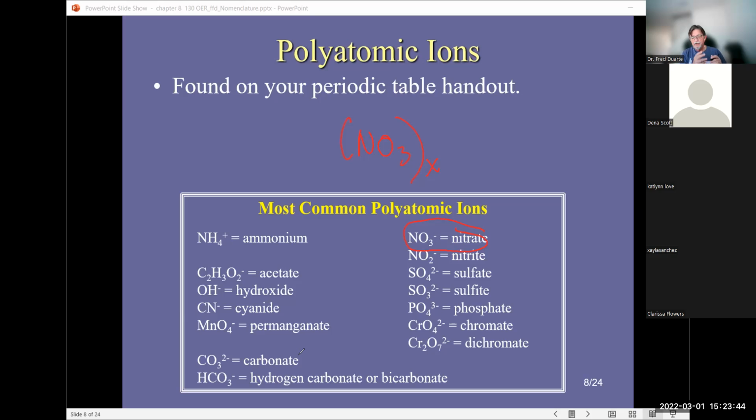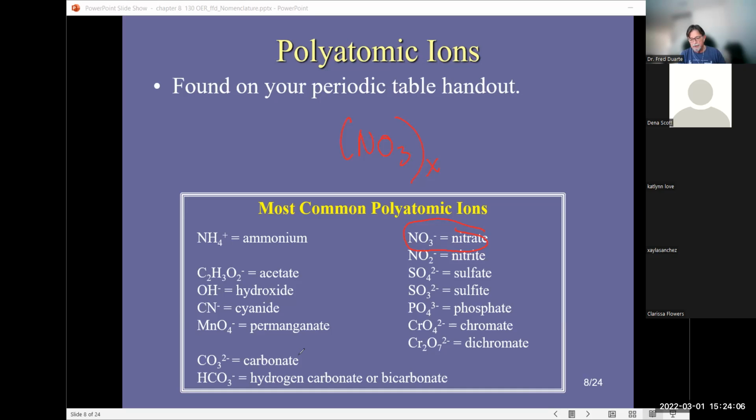And so if I needed to combine it with a cation that has, let's say, +2, then I have to add 2 of the nitrate ions, okay? And therefore I will use a parentheses. We don't separate them. The other takeaway here to remember is these polyatomic ions have a specific name.